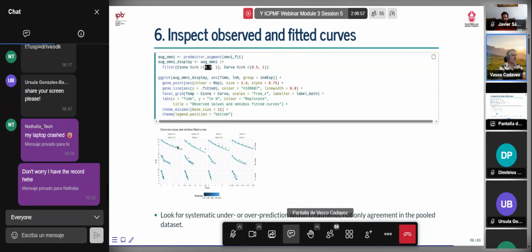And you can see the observed values and the fitted values. So you can see some curves are nicer than others, but of course this is also connected to the data and to the shape of the data that we have.